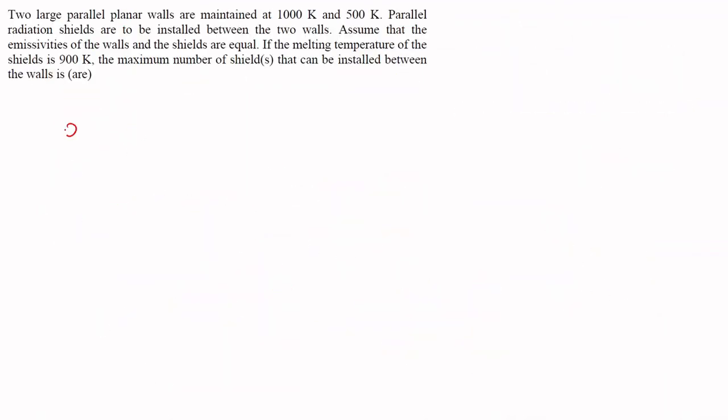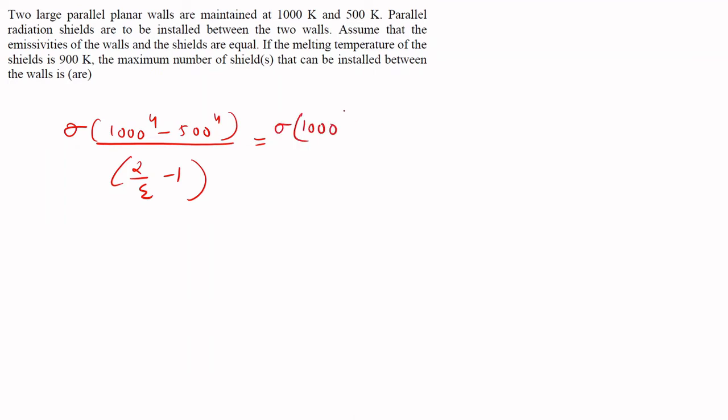So let's write sigma (1000 raised to 4 minus 500 raised to 4). Here we don't know how many shields have been provided, so we'll just keep that factor as n. And the maximum temperature that we can afford is 900 Kelvin, so upon n plus 1.